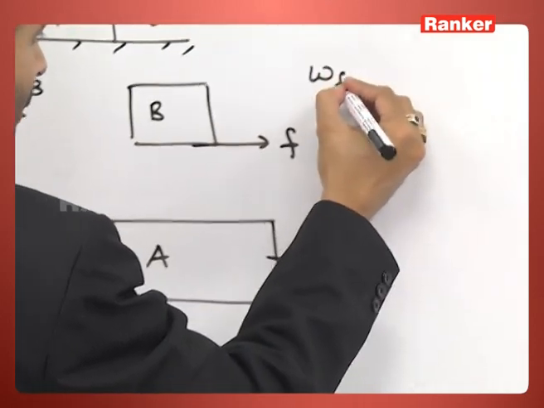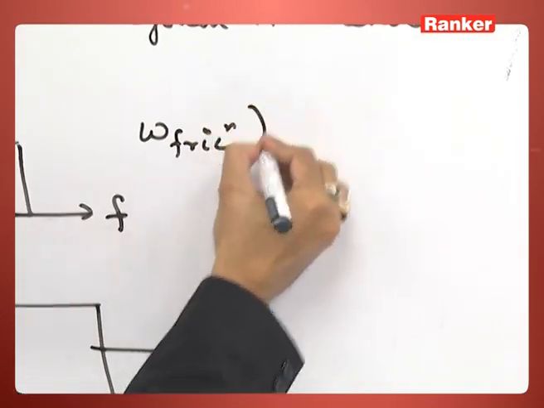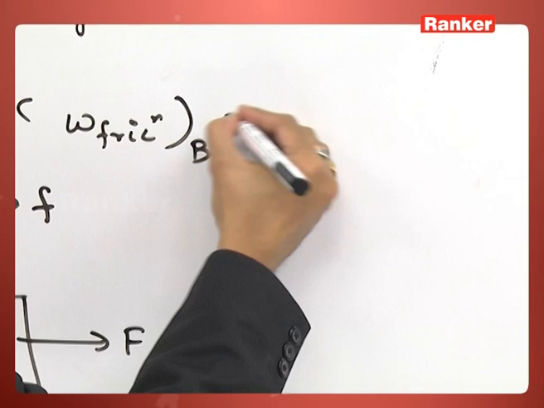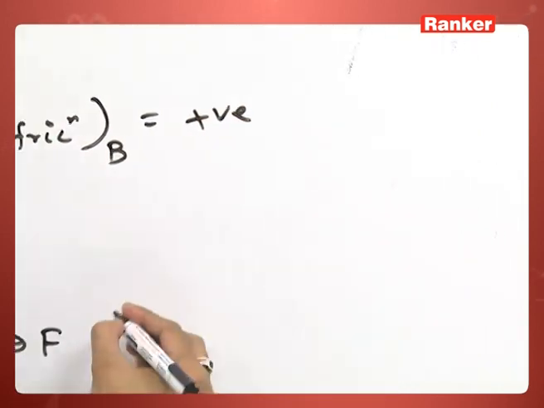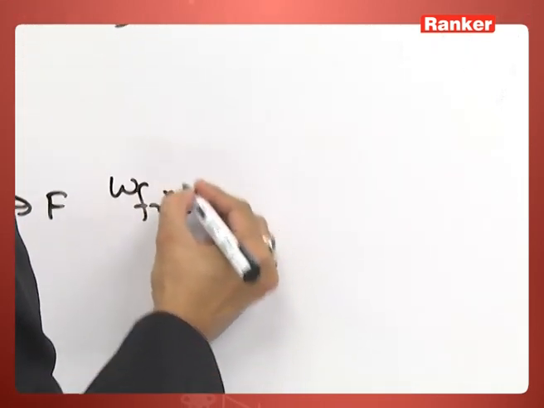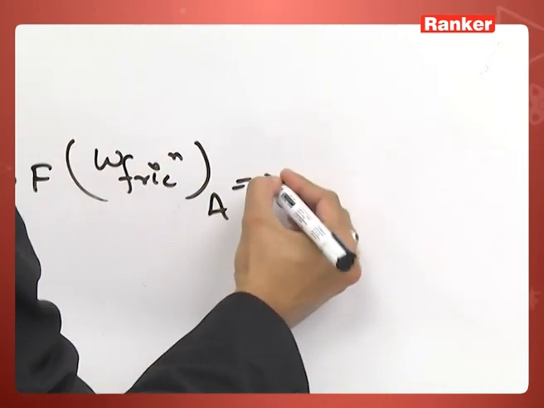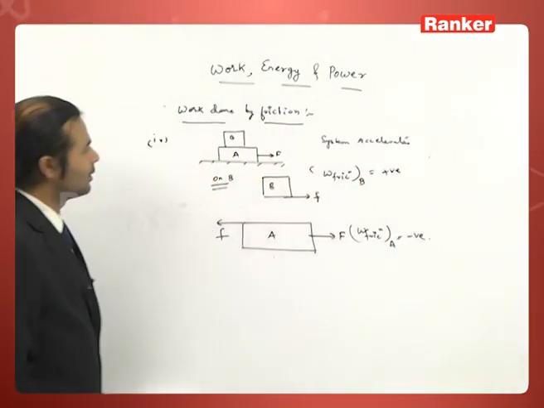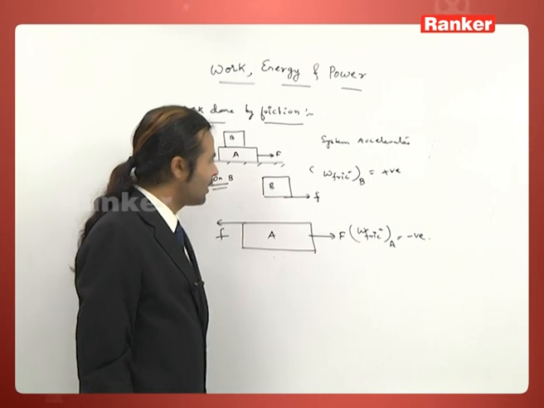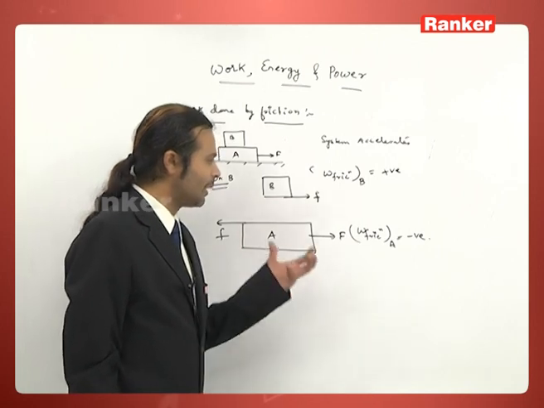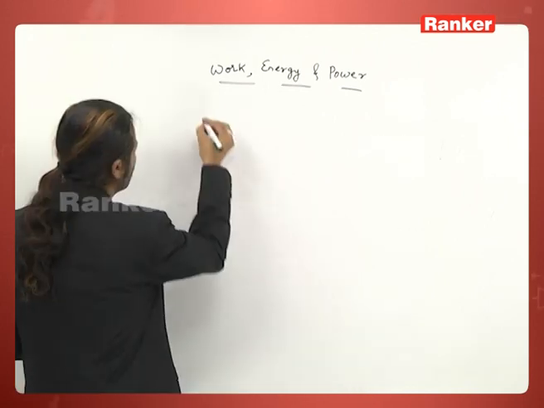So work done by friction on body B is positive. Work done by friction on body A is negative. So sometimes friction does a positive work, sometimes friction does a negative work.